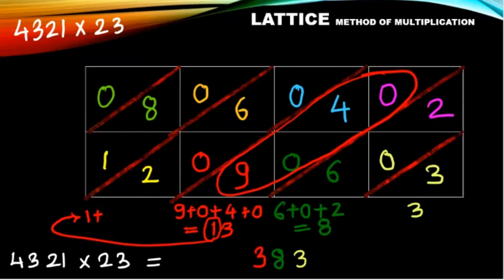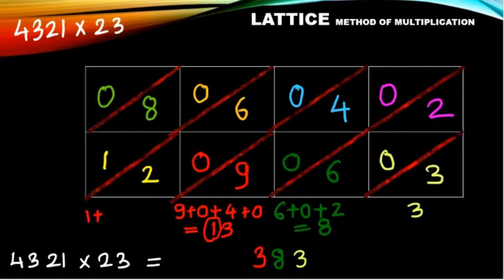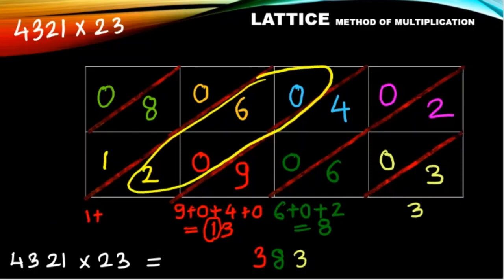So the next diagonal column we will consider, that is 2 plus 0 plus 6 plus 0. We got here the sum 9. So 9 is only one digit, so 9 will come in the answer at the thousands place.